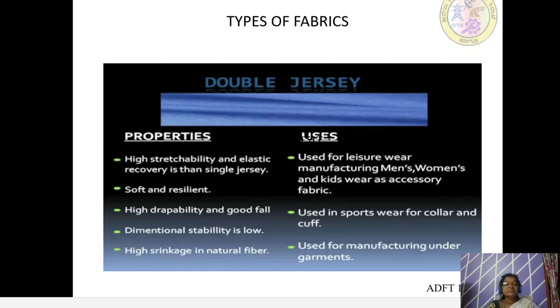Soft and resilient, high durability and good fall. Dimensional stability is low, with high shrinkage in natural fiber. Uses: it's used for leisure wear, manufacturing men's, women's, and kids wear as accessory fabric. Used in sportswear for collar and cuff. Used for manufacturing undergarments.